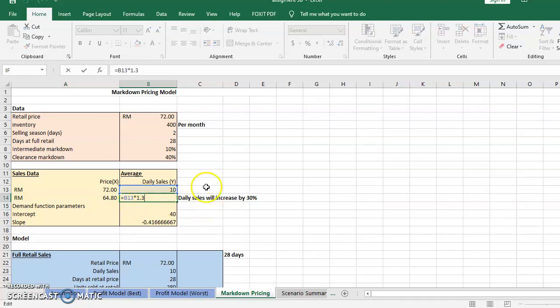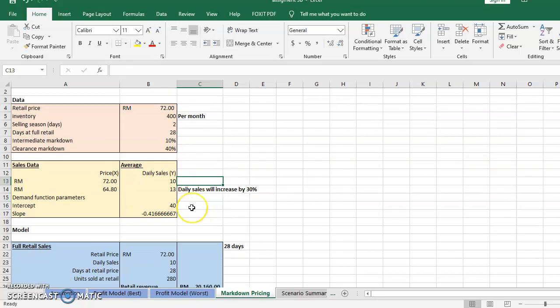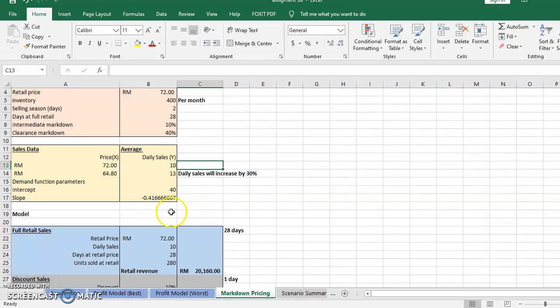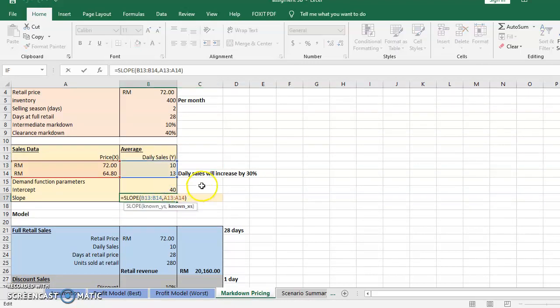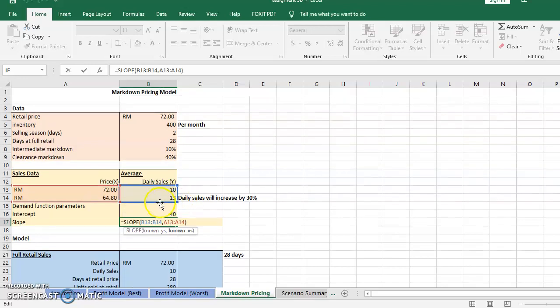Okay, so move on to the explanation of the slope. The slope of 0.4167 means my product is near to 1 and it is elastic, which means demand changes a lot when the price changes. So it means my product also has a lot of competitors.